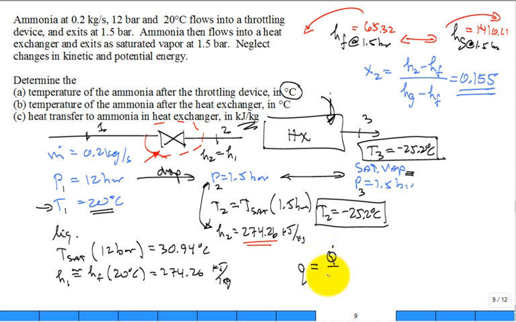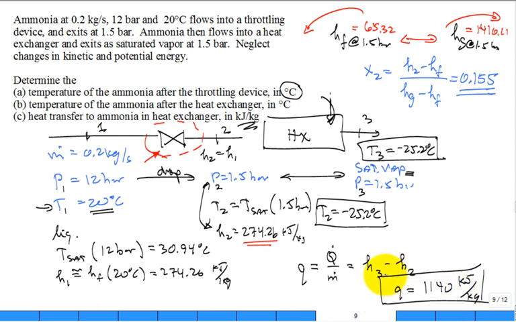It's Q dot divided by M dot. It's going to be the H at 3 minus the H at 2 from an energy balance around the heat exchanger. And when you do the calculation, you calculate that it's 1140 kilojoules per kilogram. You absorb a lot of heat per kilogram of refrigerant flowing through the system.